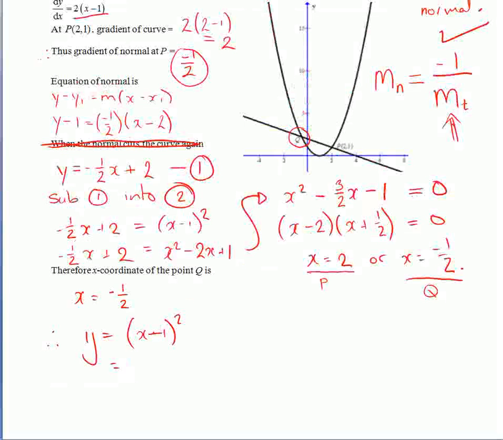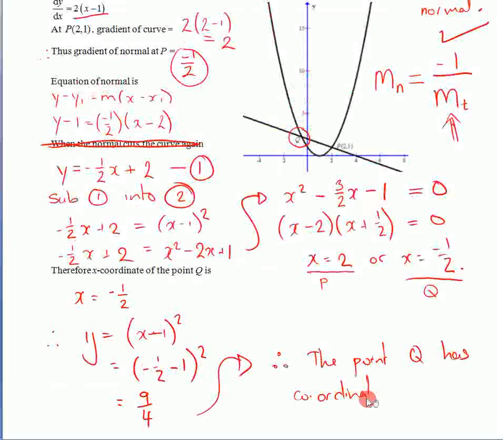So we get (-1/2 minus 1) squared, which is equal to 9/4. So we can say, therefore, the point Q has coordinates (-1/2, 9/4).